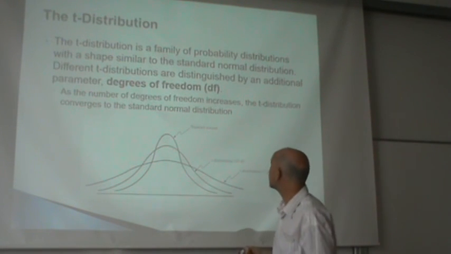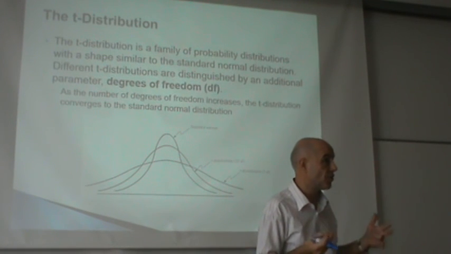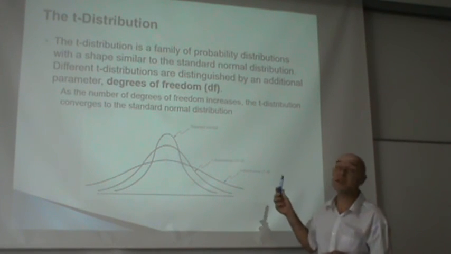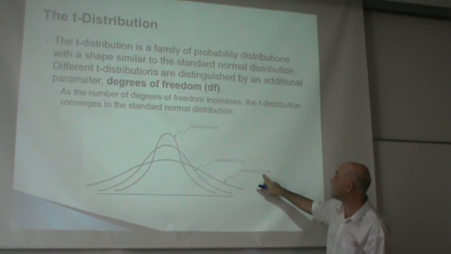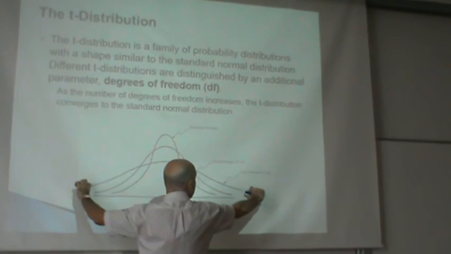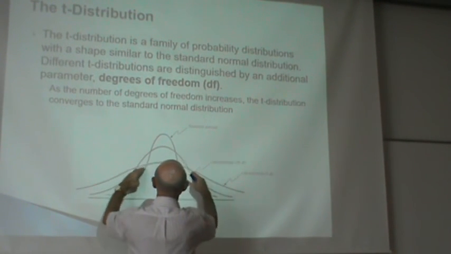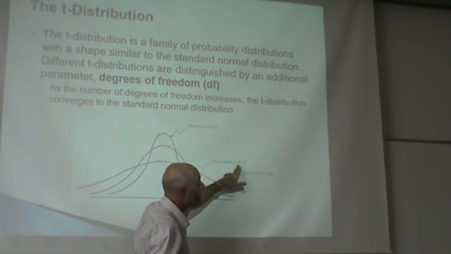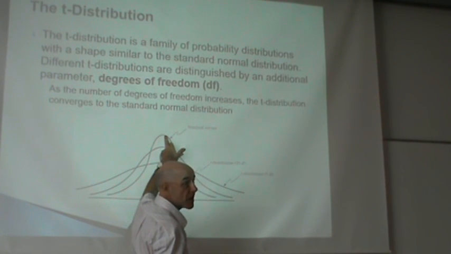A lot of times, for practical purposes, it's almost like the normal distribution, especially when the size of the sample is significant. So a t-distribution with 5 degrees of freedom is very flat with very fat tails. With 20 degrees, it begins to have a peak, and as you increase the number of degrees of freedom, you get close to the standard normal.